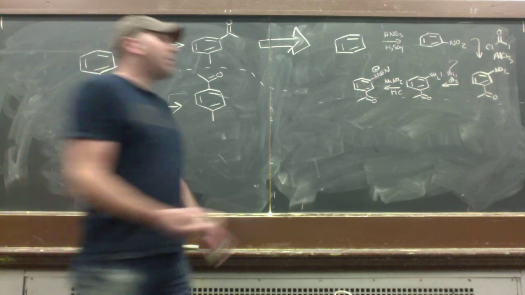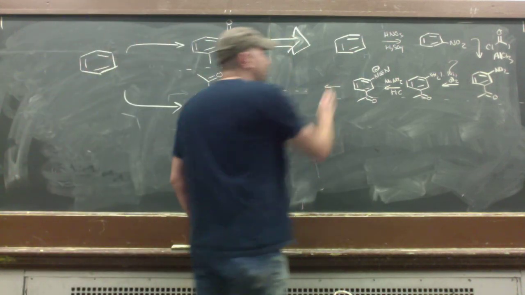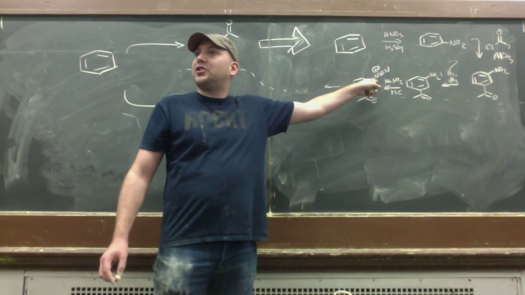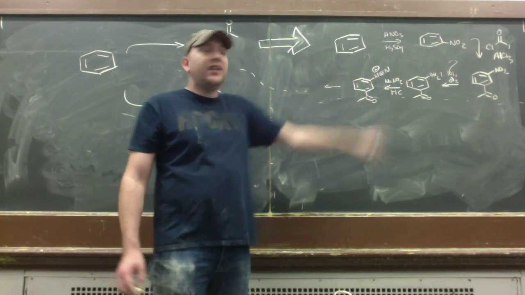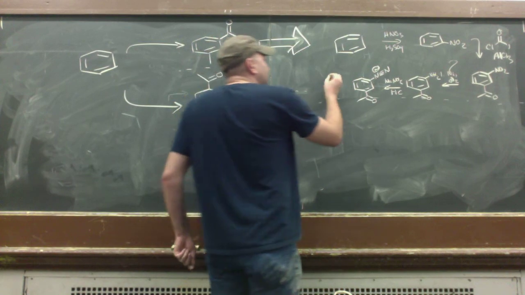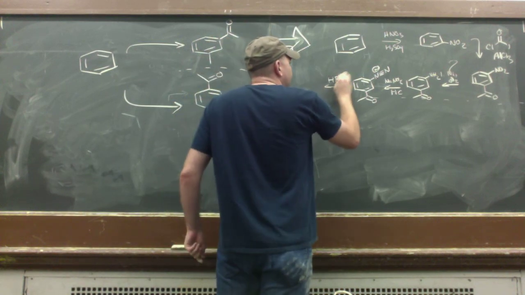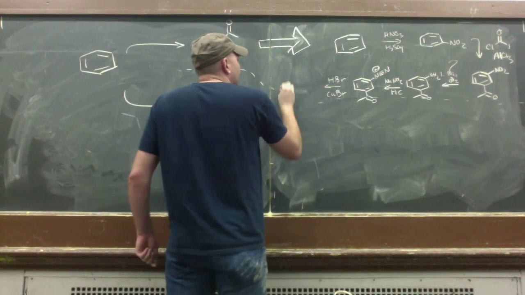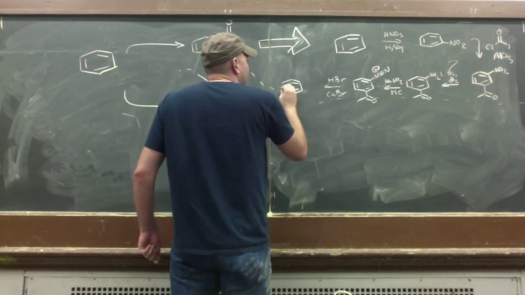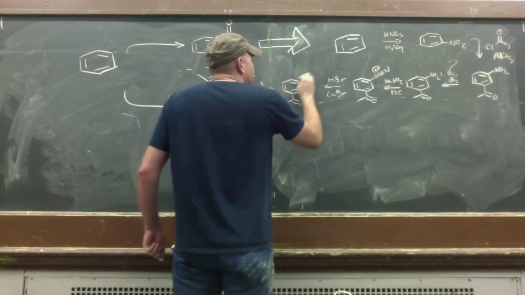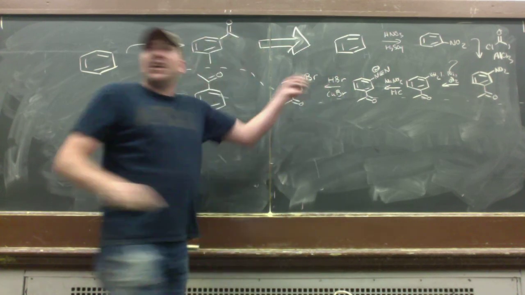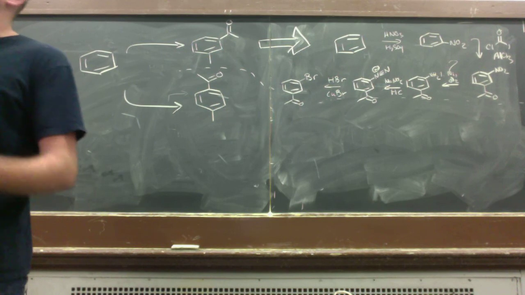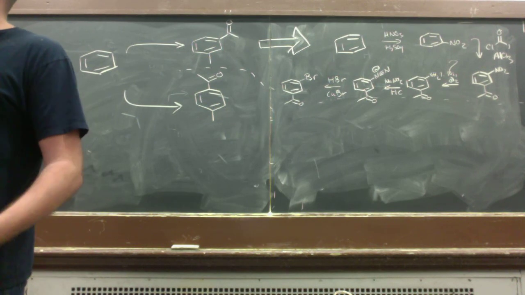What we would probably do is effectively displace that with a halogen, so let's say HBr, copper bromide. And then we'll see next week that there's palladium catalysis where we could use trimethyl tin and palladium, and we could put that methyl group there.